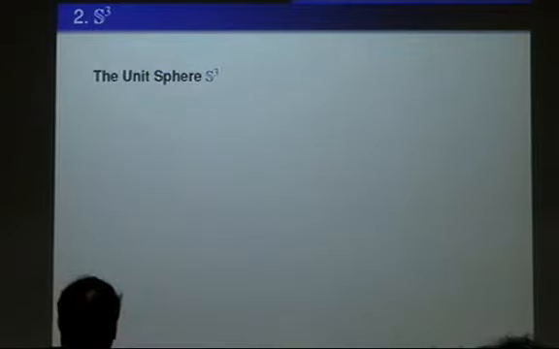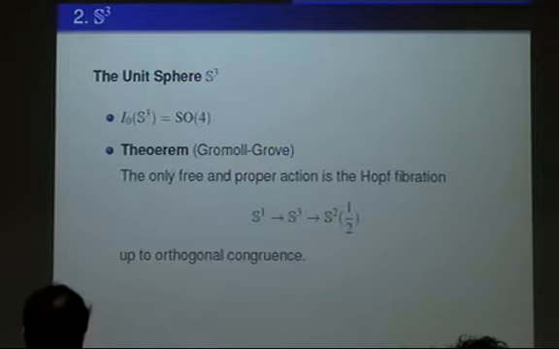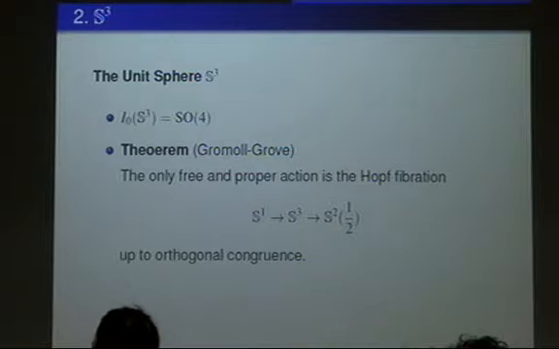Now let's see the next case, the spherical geometry, S3. In this case, in fact, there is nothing to do. First of all, the isometry group is SO4. We have a big theorem about this case. Gromov and Grove proved that there is only one free and proper one-dimensional action on S3, which gives the Hopf fibration.